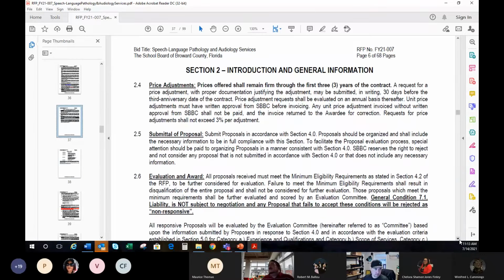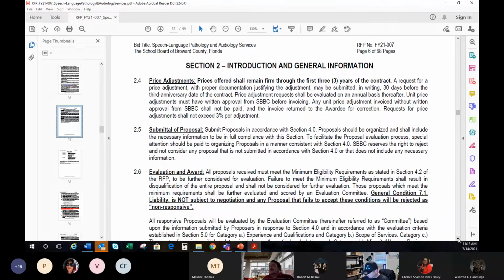There we go. Okay. This also goes into the introduction about price adjustments. The prices have to remain firm for the first 3 years of the contract. After that time, you can request a price adjustment, which would be basically the first renewal of the contract.